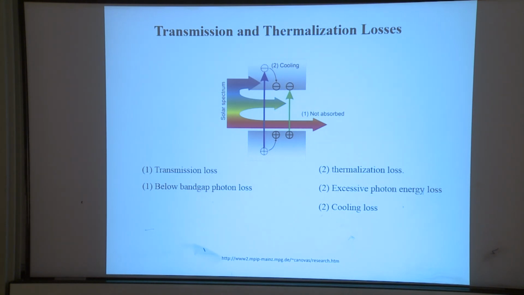So for certain semiconductor, you need to have a certain photon with certain wavelengths. Okay, for solar cell, we cannot control the incident light because sun already has solar spectrum.